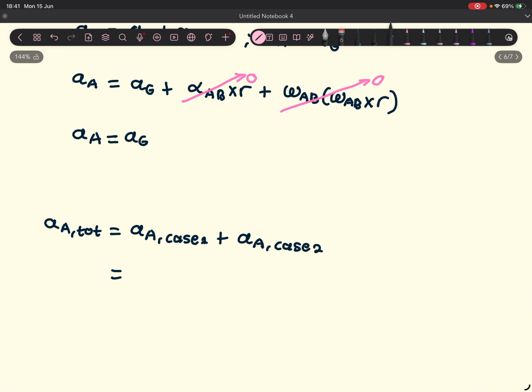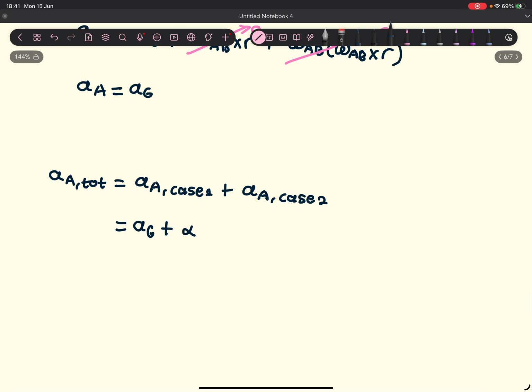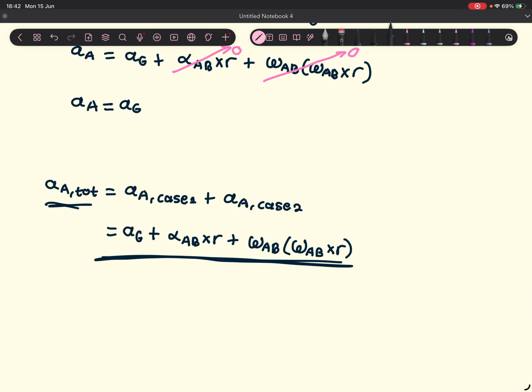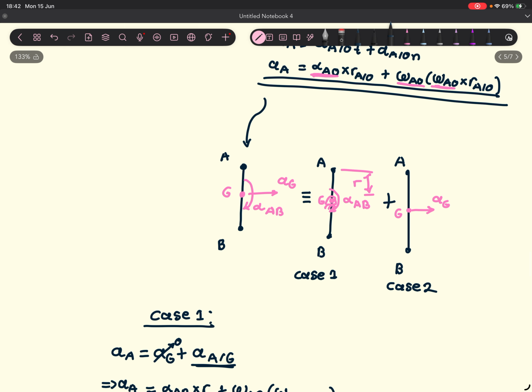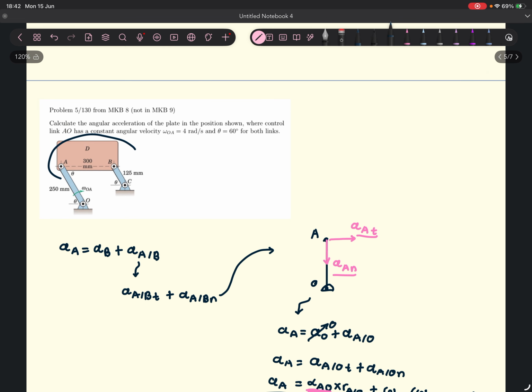Which is then going to equal AG plus all of this stuff, plus alpha AB cross with R plus omega AB into omega AB crossed with R. And this fully describes the acceleration of a point when you have both rotation and translation. So we're going to apply the same concept to this case over here, right?